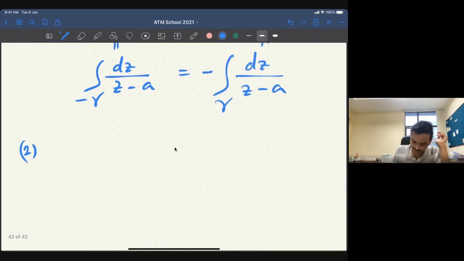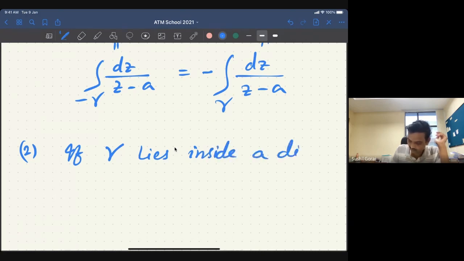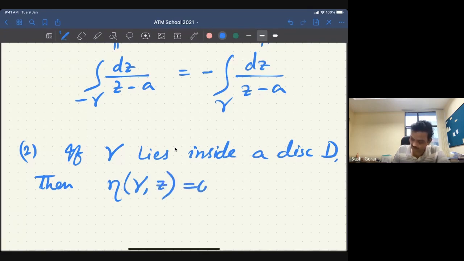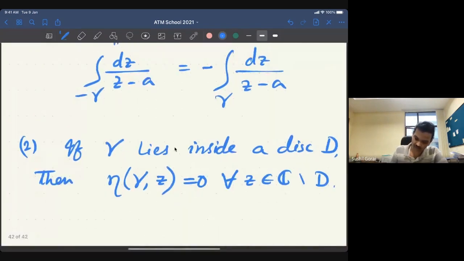Second: if gamma lies inside a disk D, then the winding number eta of gamma at z is equal to 0 for all z in C minus D. The picture is as follows.